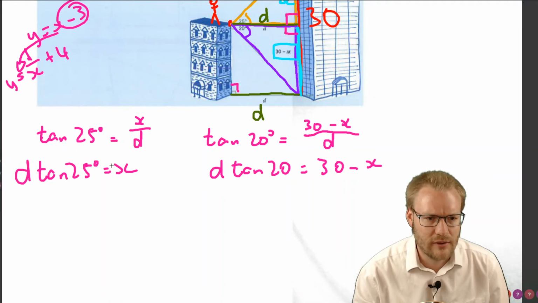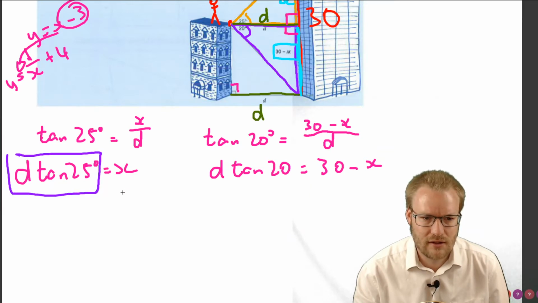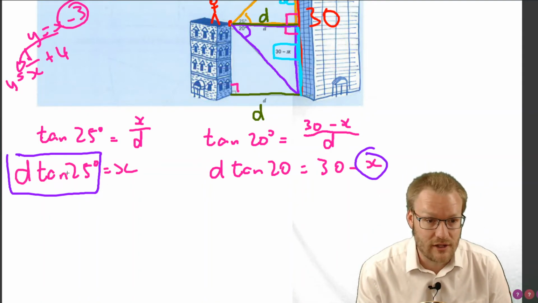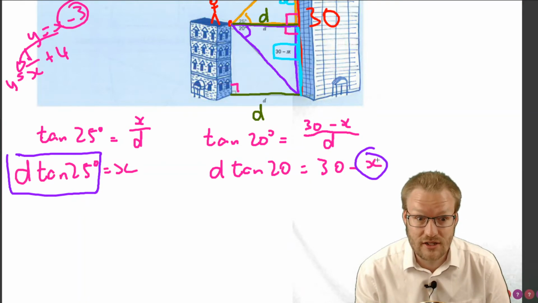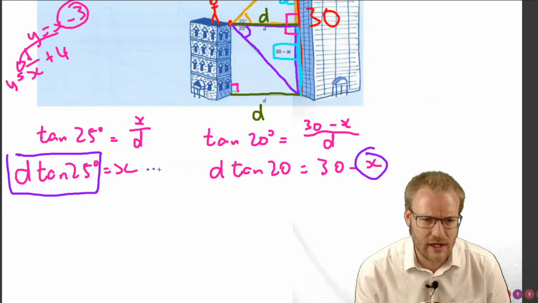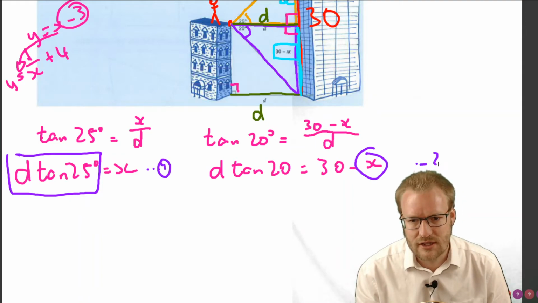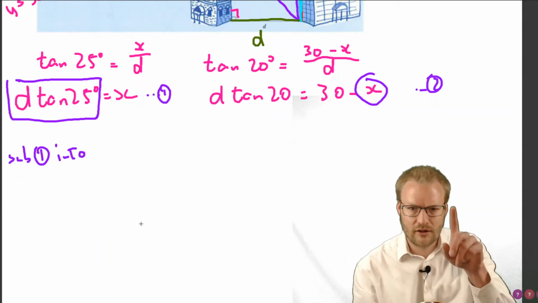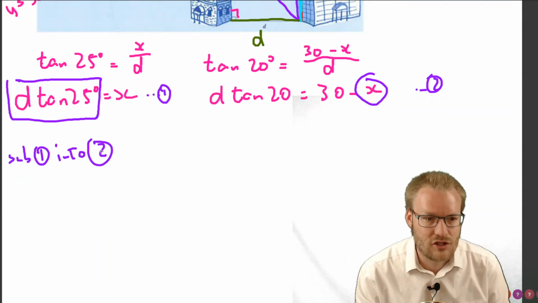Well, this is x, that's x, so we can put that in place of this x, and we're going to form one equation with one variable. So we're going to say d tan 25 is x, so let's substitute it into this equation. Sometimes people write, this is equation 1, this is equation 2, we're subbing 1 into 2.